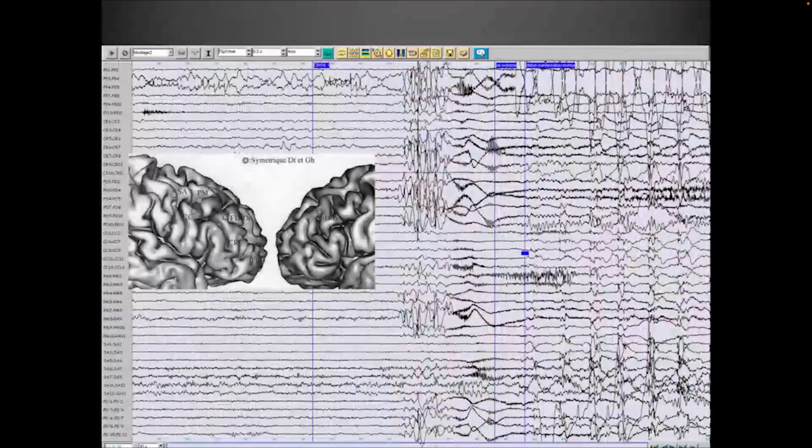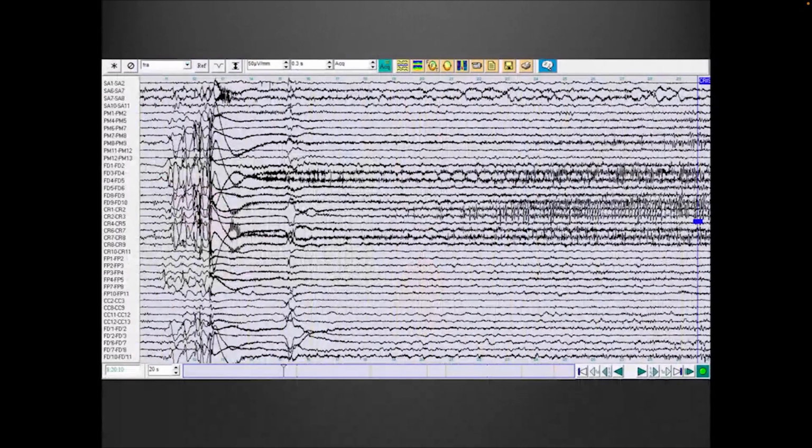In fact, the seizure came from this frontal lateral cortex in the sulci of the superior frontal sulcus, mainly an intermediate frontal sulcus, with a burst of spikes and fast activity, with a propagation more posterior to the lateral premotor cortex.